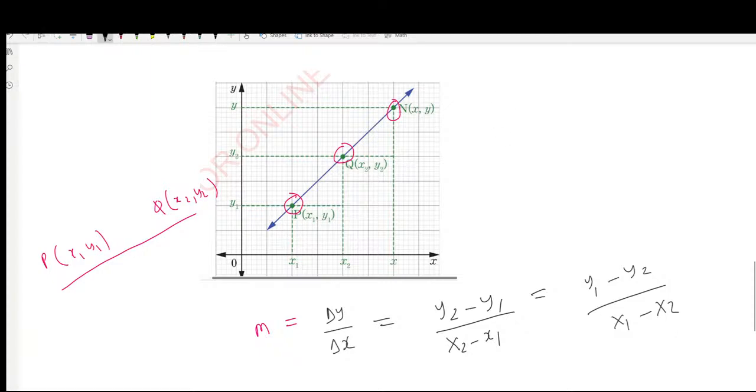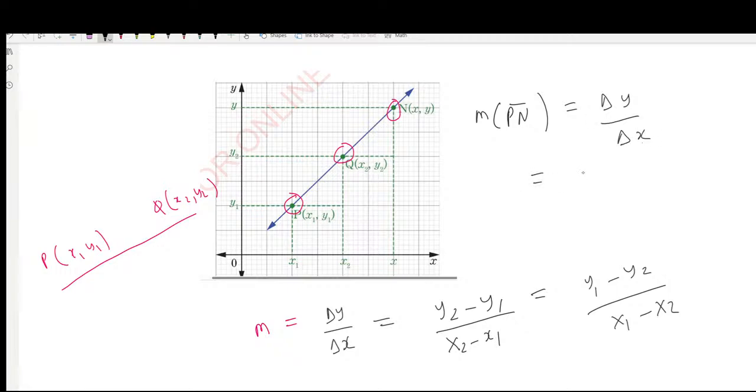Still the slope m, if we are going to consider point P and point N, so slope of PN, again we are going to say slope will be change in y over change in x.